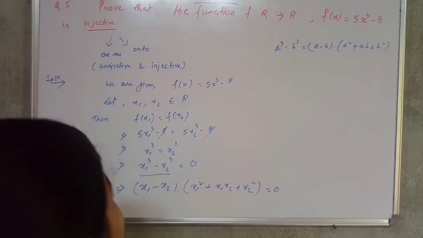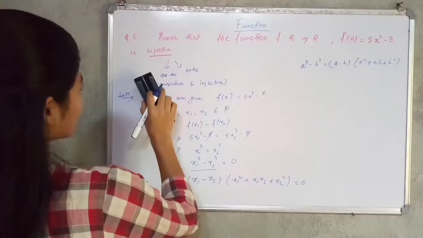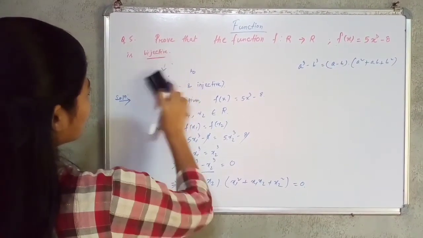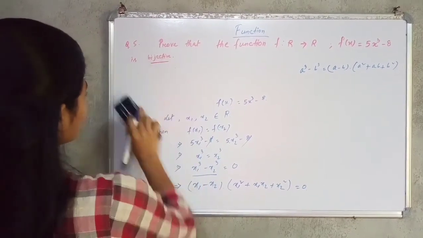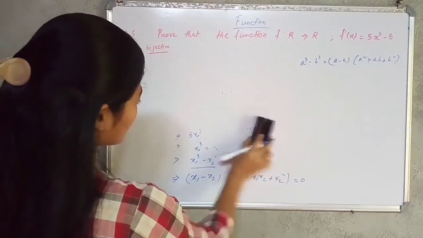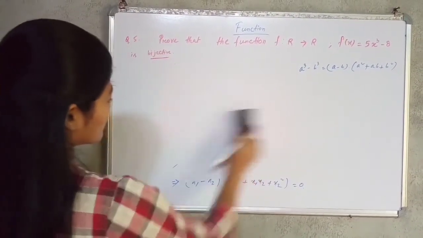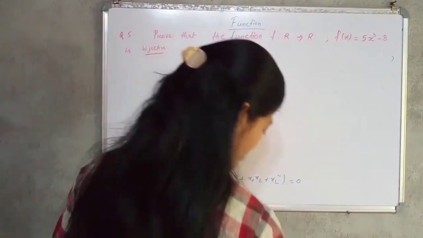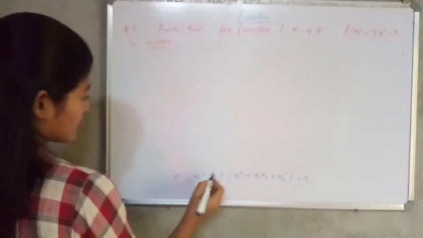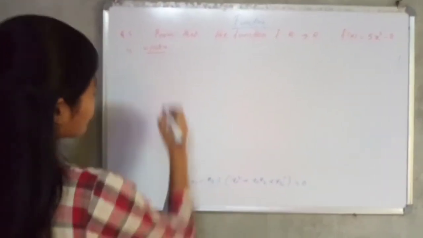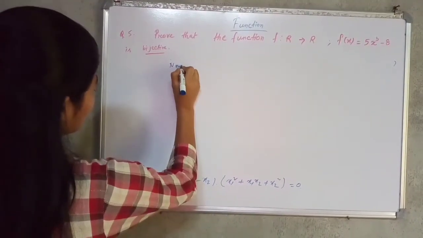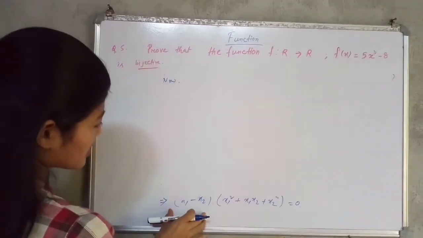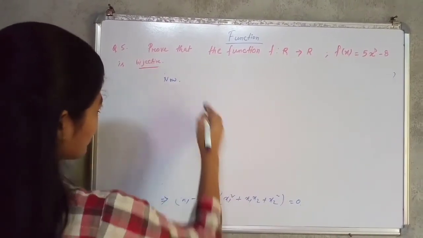Now either this equals 0 or this part equals 0.